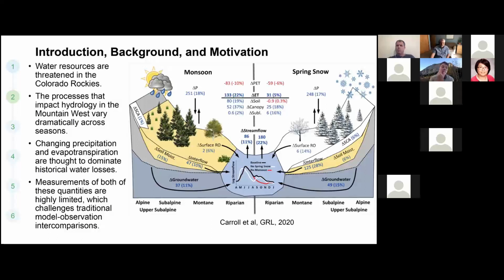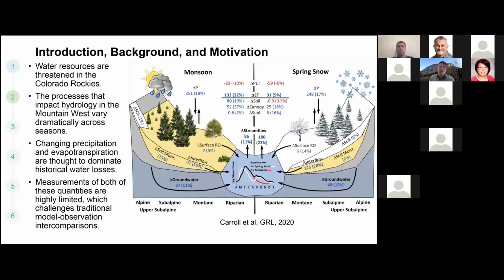Unfortunately, from an observational perspective, measurements of both of these quantities in complex terrain in these mid-latitude continental interior environments are highly limited, so limited that it challenges traditional model and observation intercomparisons.